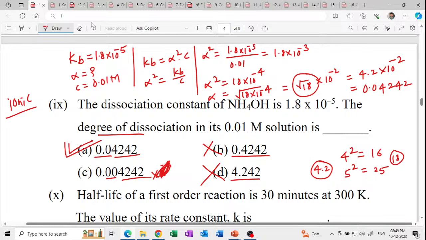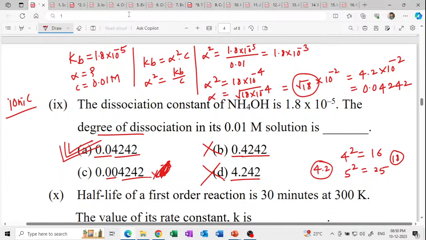There is an option written as 4.2, so my value should be 4.2. Written as 4.2 into 10 raised to minus 2, that is 0.042. So option A is correct.